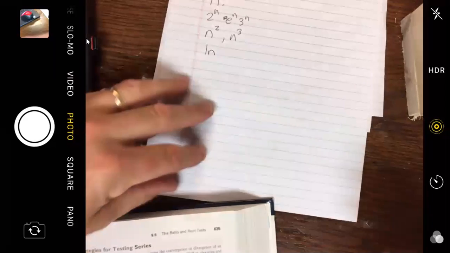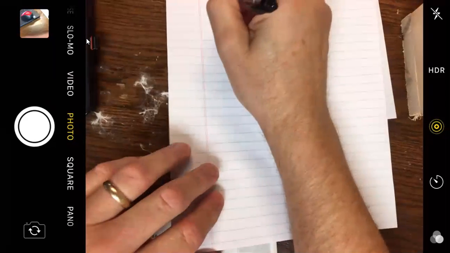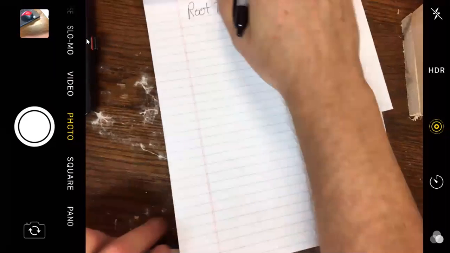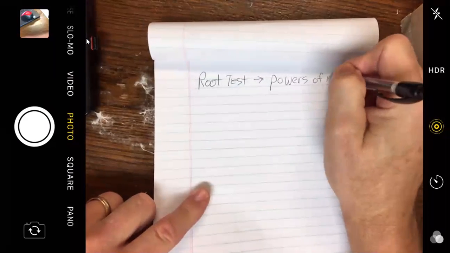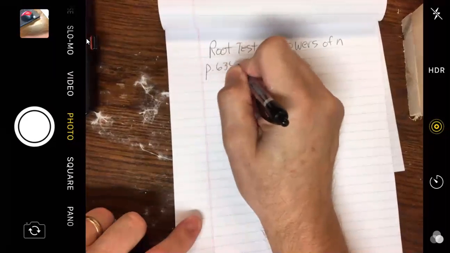A root test is designed for powers of n. Page 634.